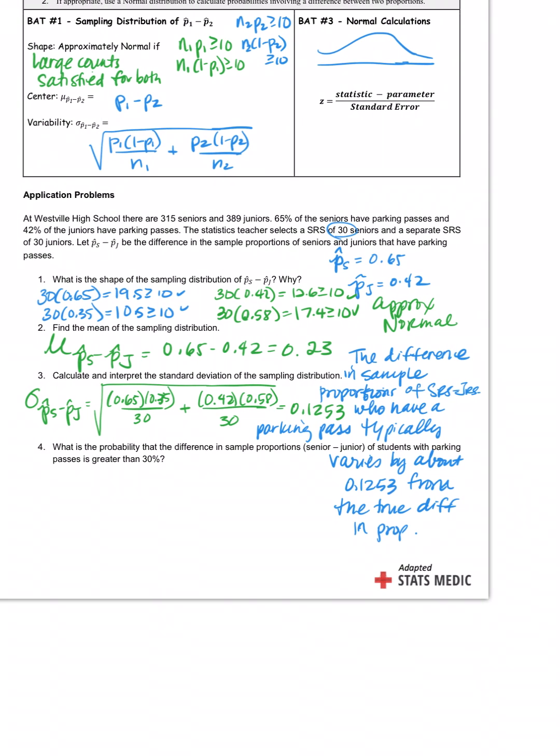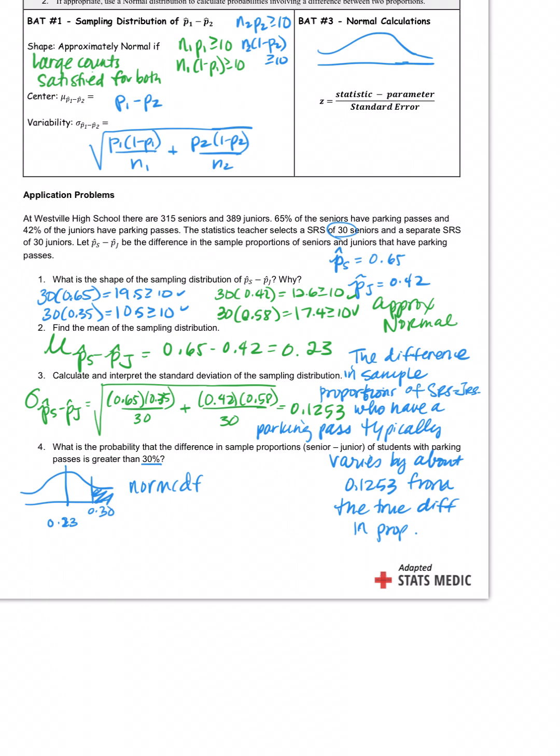All right, now, what is the probability the difference in the sample proportions of students with parking passes is greater than 30%? Okay, so visualize this. We know our mean is 0.23. 0.30 greater than takes me over here. So I'm going to use my normalcdf. Lower boundary of 0.3. Oops, I need to label.